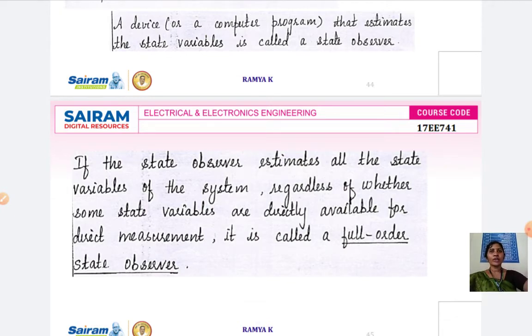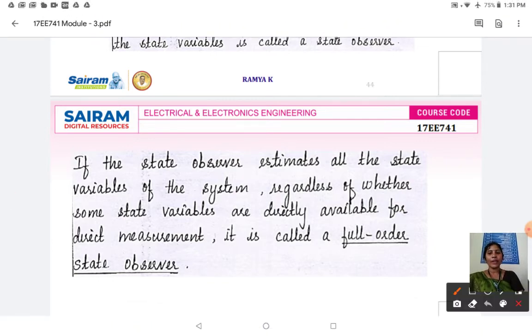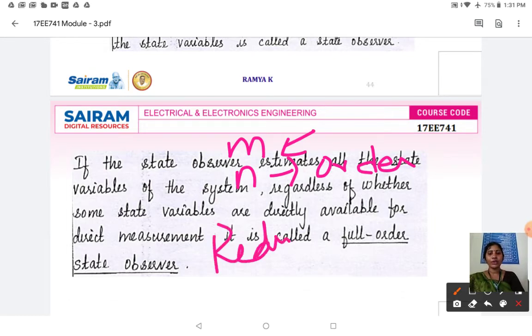So here we are going to focus on two factors, m and n. n is nothing but the order of your system, whereas m is the order of the reduced order state observer.